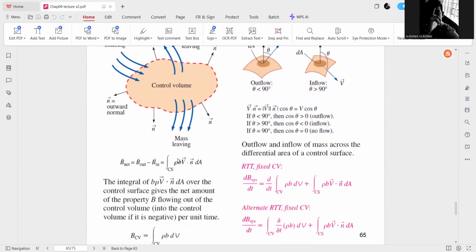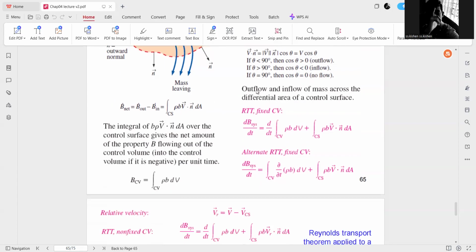So, in this case, the net of property B equals the extensive minus the intensive property, which equals the integral over the control surface of the fluid density times the property times the relative velocity times the unit normal vector times the area element on the control surface.